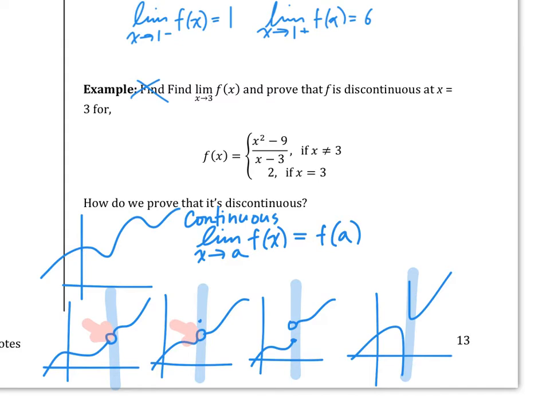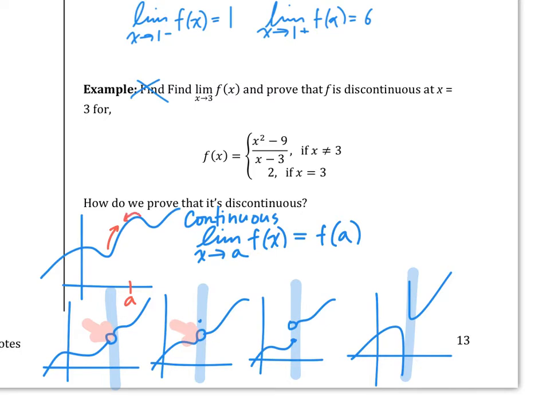So first, if we want to prove that it's continuous, then the limit, which means both sides going to the same number, has to equal an actual value at that number. Okay, so what does that mean? That means, let's say this point here is A. The left-hand side is going here, the right-hand side is going here, so there is a limit, right?